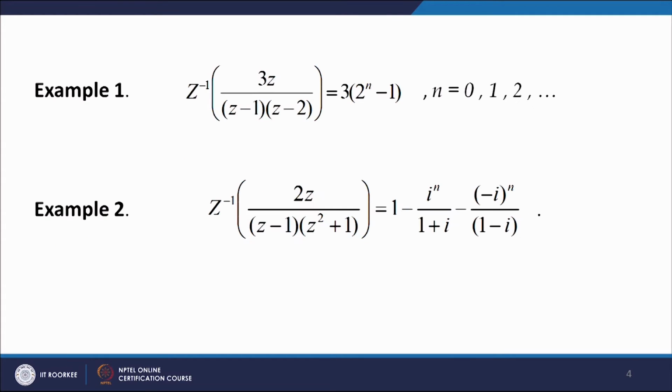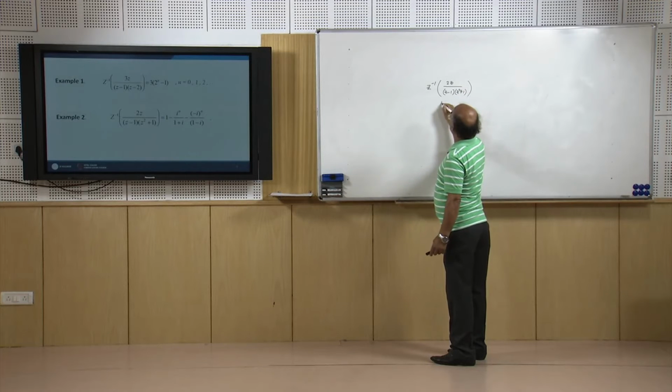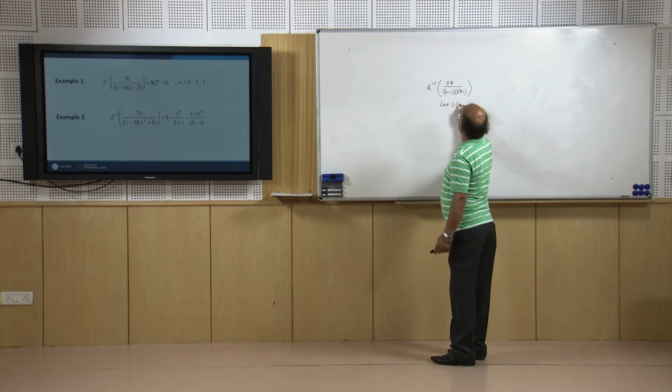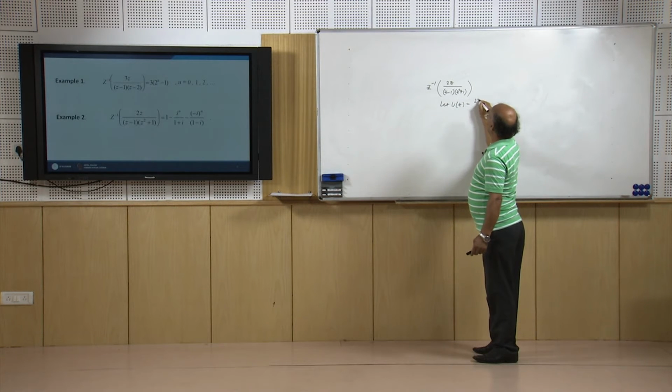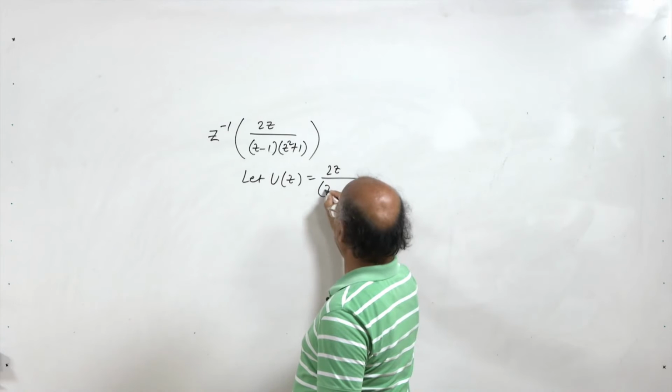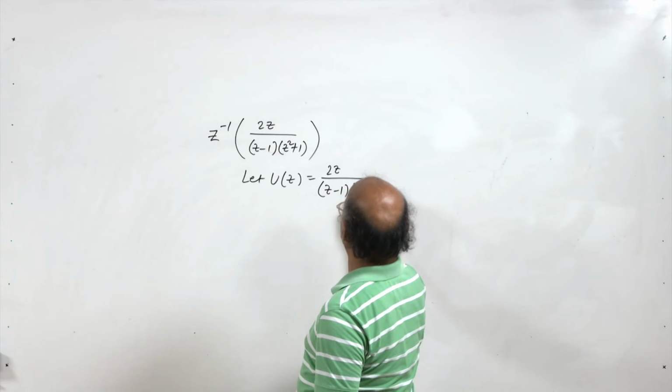Okay. So, let us discuss one more example, Z inverse of 2z over (z minus 1)(z square plus 1). Let us say U(z) be equal to 2z over (z minus 1)(z square plus 1).